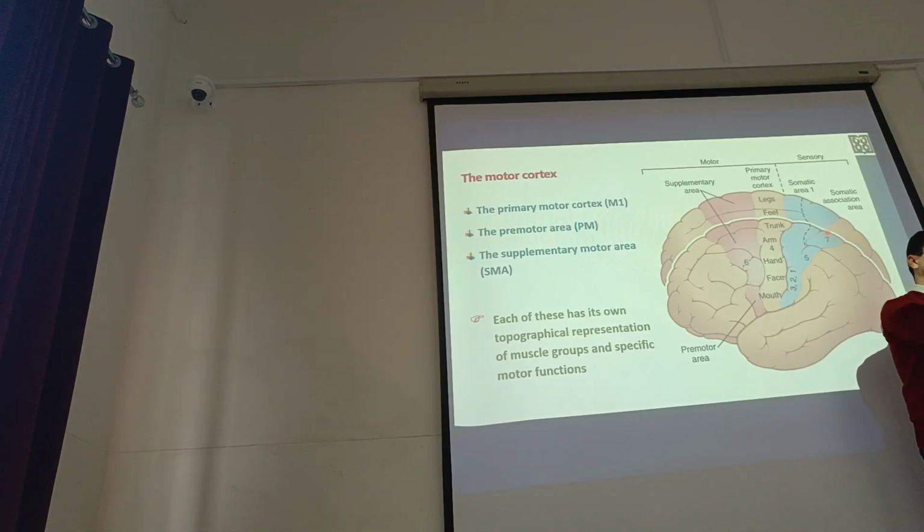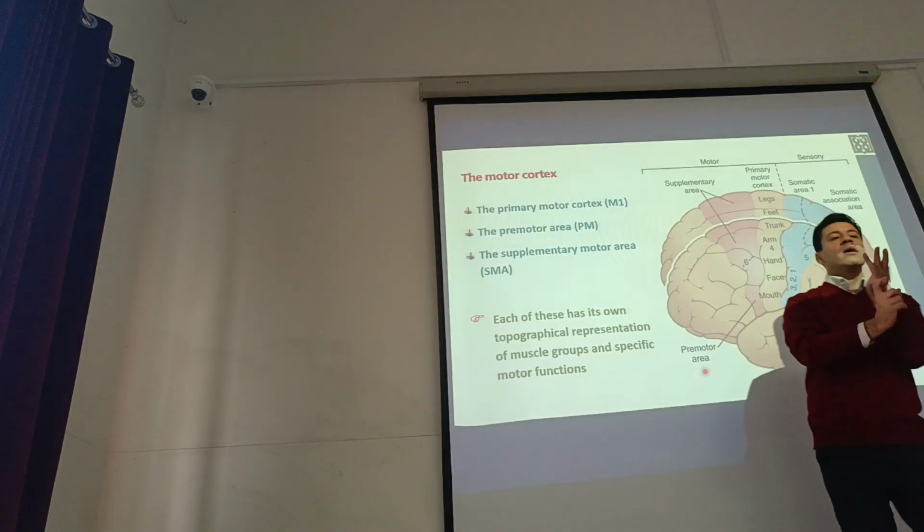But anterior to these areas, we have motor areas. So they are located in Brodmann area 4 and 6. Brodmann area 4 is called the primary motor cortex. But Brodmann area 6 has two parts: an upper part called the supplementary area, and a lower part called the premotor area.